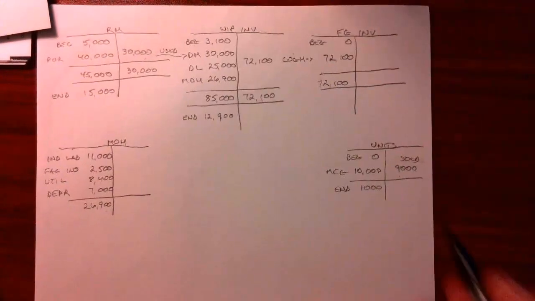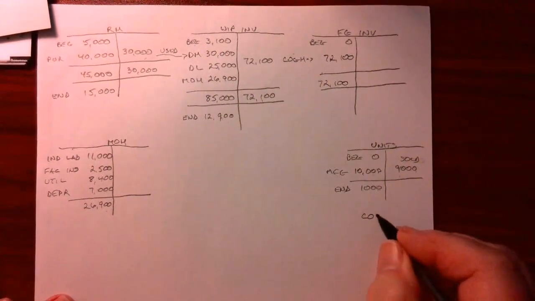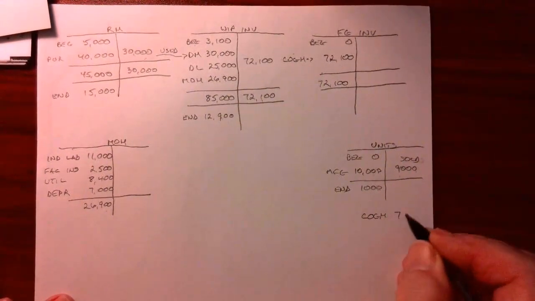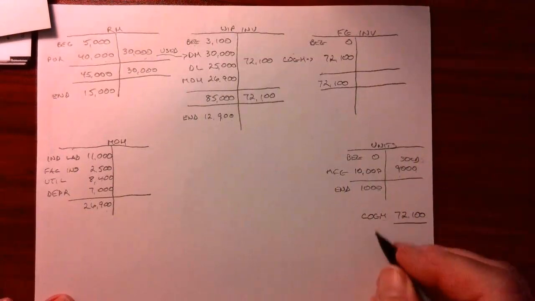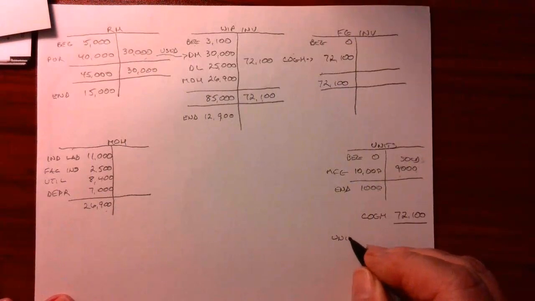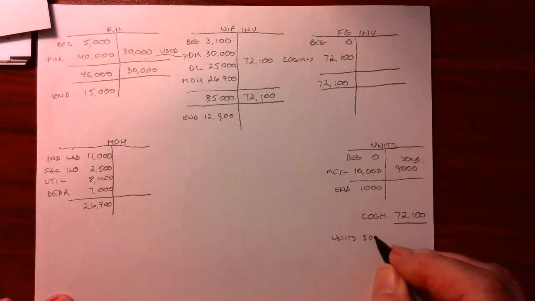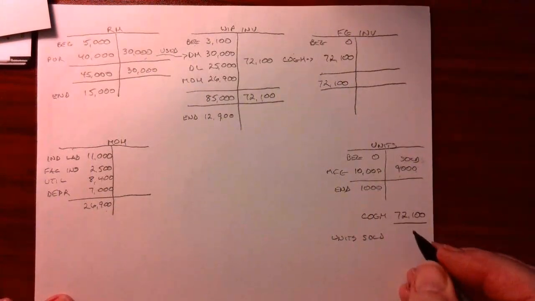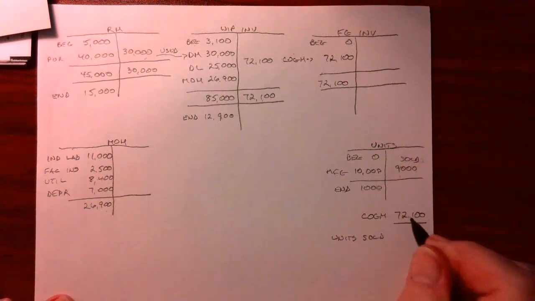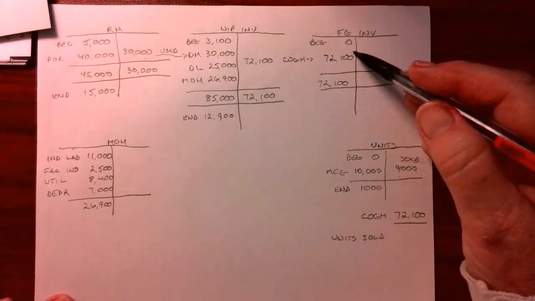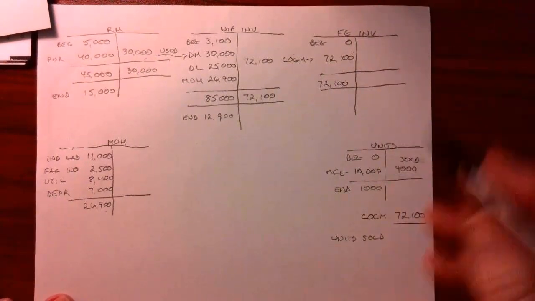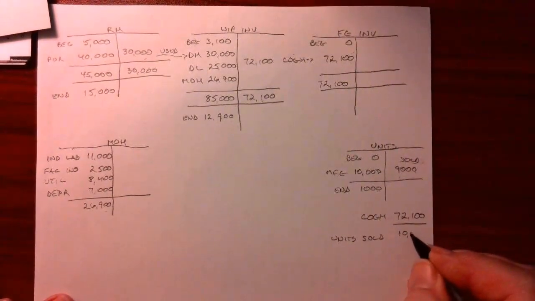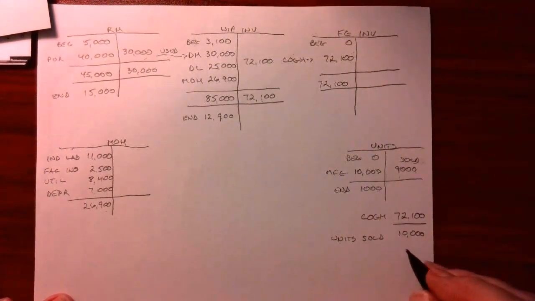So we know our cost of goods manufactured is 72.1, and we divide that by units sold, which is, no. Cost of goods manufactured, that's everything we manufactured, and we had a beginning balance of 0. So this has to be divided by the whole 10,000. See what I mean? This isn't easy either.